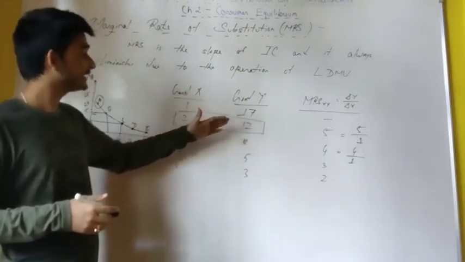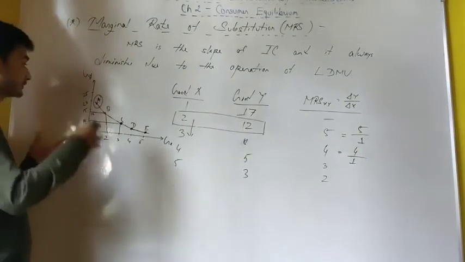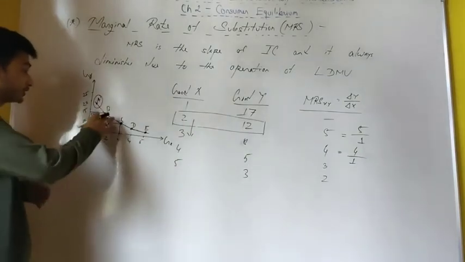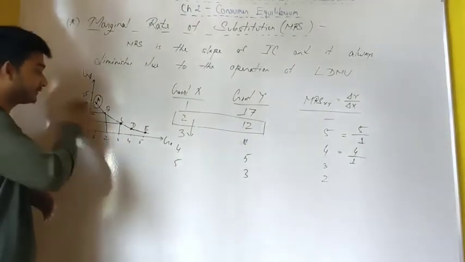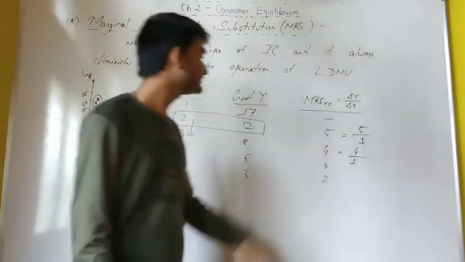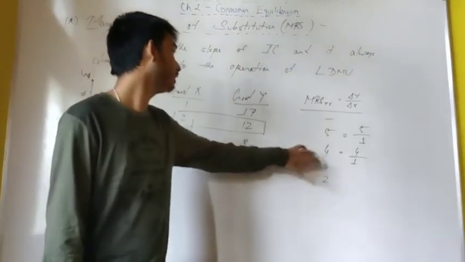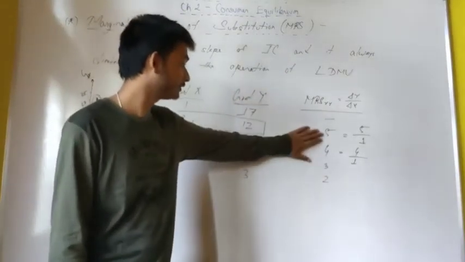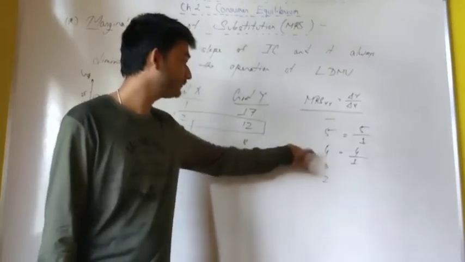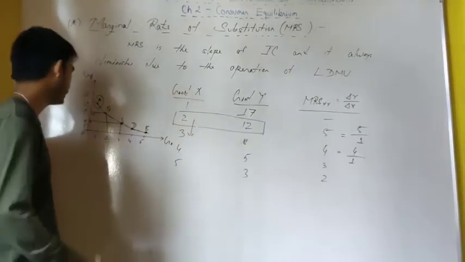To remain indifferent, because we know from the very definition of the indifference curve that a consumer is indifferent at any of the points, he is sacrificing less of good Y. At first he sacrificed 5 units, now even less, which is 4.